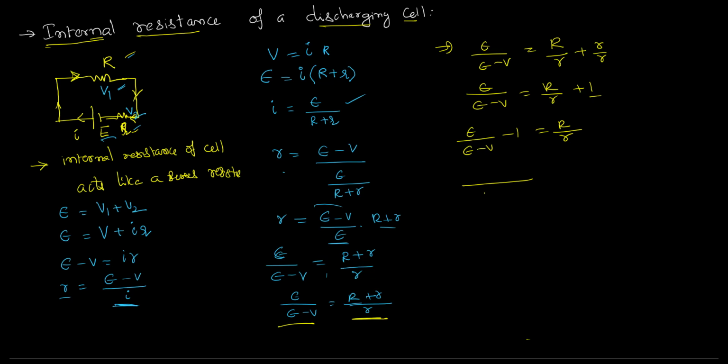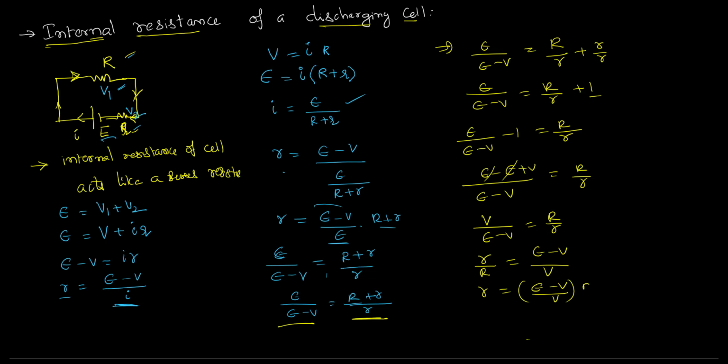Let me take the LCM, E minus V. Then it becomes E minus E plus V equal to capital R by small r. So these two E's will get cancelled. V by E minus V is capital R by small r. So if I reverse that, small r by capital R is E minus V by V. Small r is equal to E minus V by V into capital R. Yes, that's the formula.